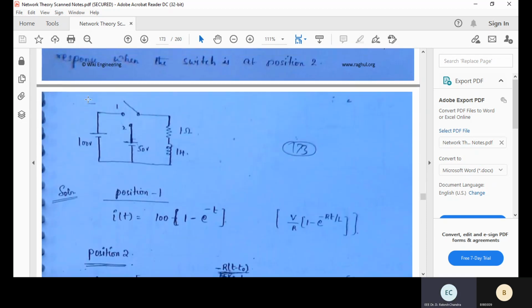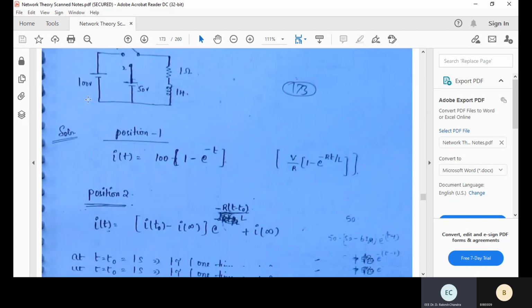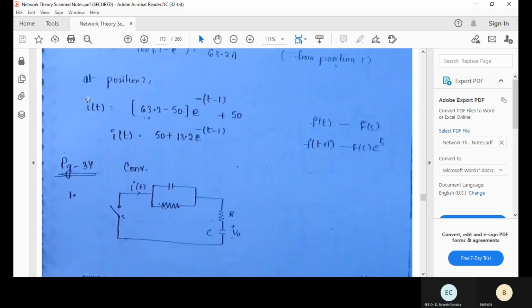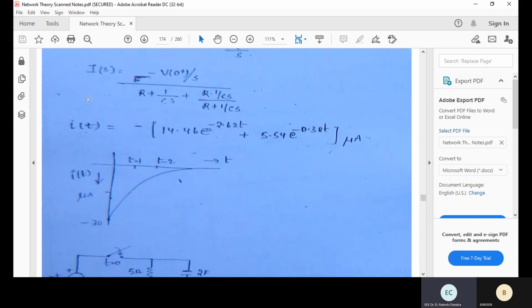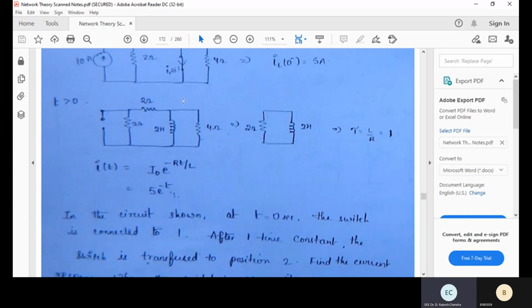Of course, in the next class we are going to see a few more problems. Next class I will conclude this AC transients, and later we can go to the two-port networks. Of course, we haven't discussed magnetically coupled circuits, right?